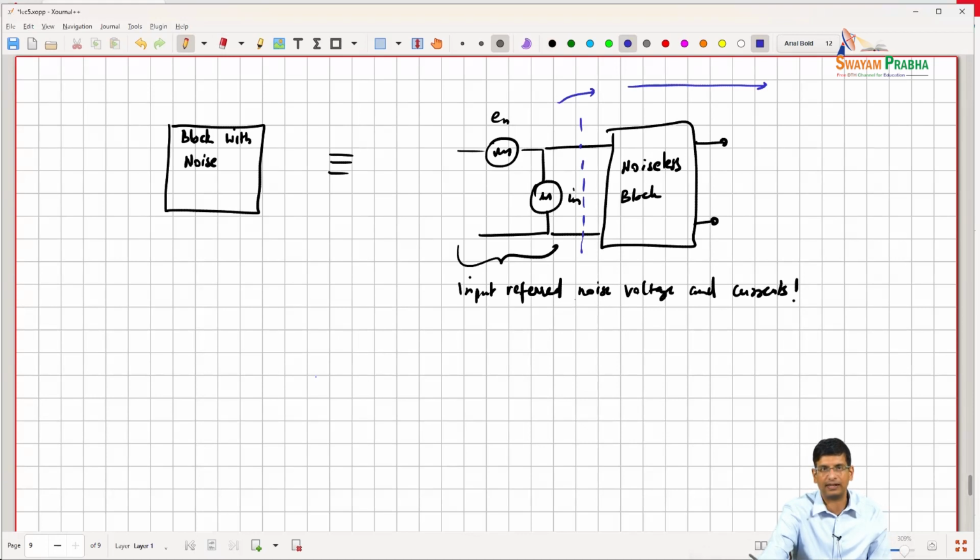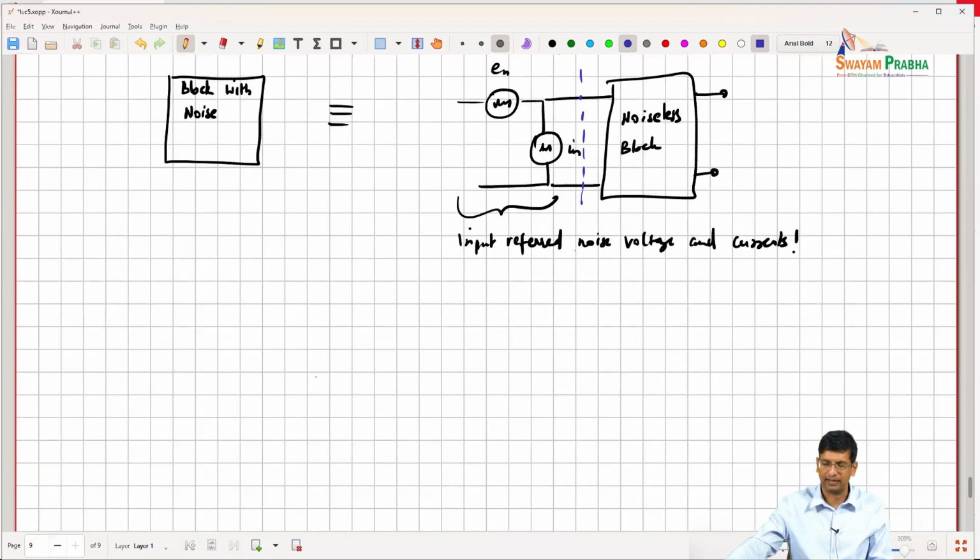The signal will get amplified, the noise will get amplified, the SNR will not change. So we just have to get the SNR at this point if we are able to make this model.